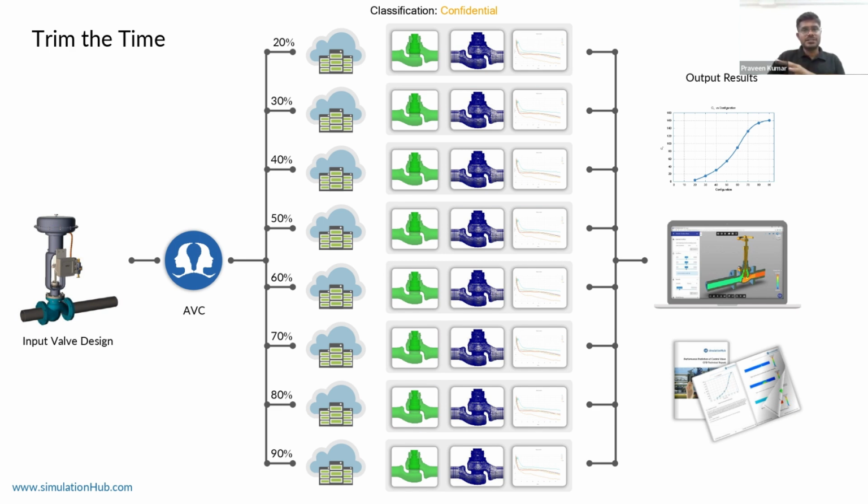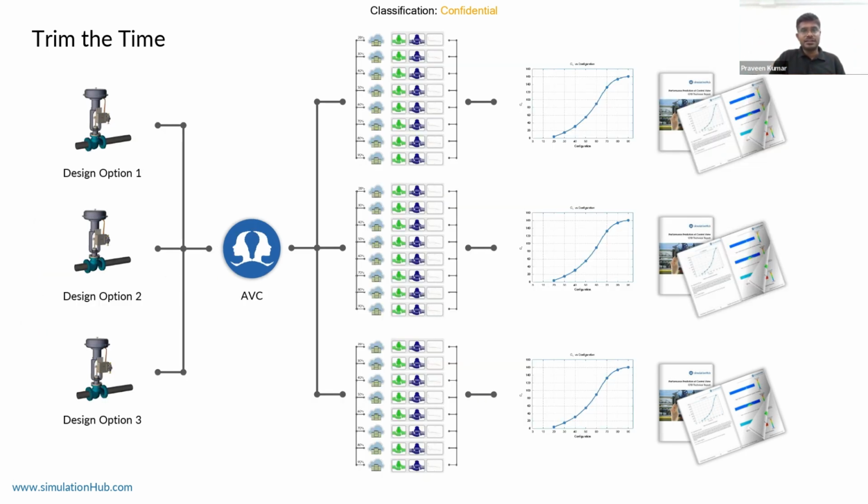So it's not just this. Let's say you have multiple valve trim designs in your mind. You want to test every valve trim design in parallel, and you want to have the results and compare them. You can do that. There is no limitation on the number of instances or number of simulations you can start from one account.